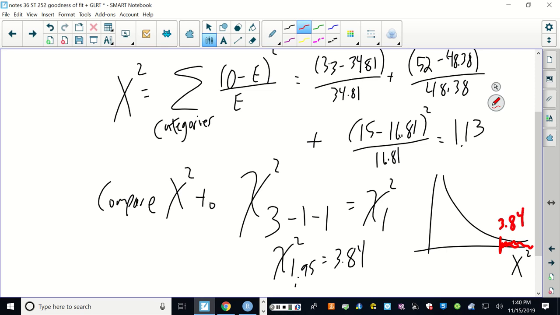Where are we? We have our actual value of 1.13 for this table. So if the model's correct, we're not out in the extremes, so we don't reject. It looks like, with the data that we have, maybe this genetic model is correct, maybe it's reasonable. The goodness of fit says we can't reject it. It doesn't seem inconsistent with that.